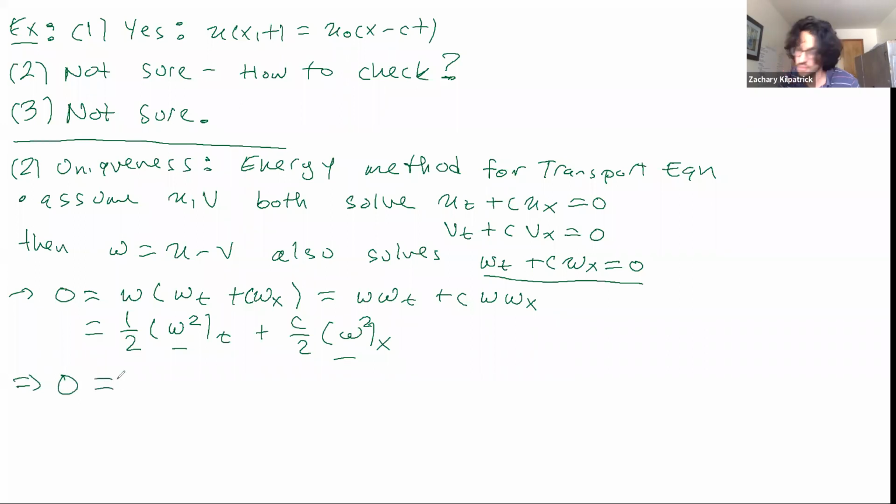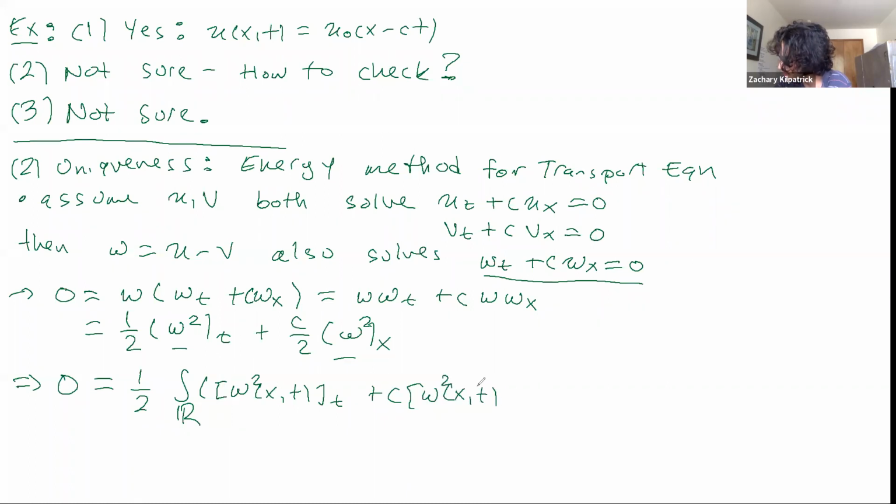So the integral of 0 from minus infinity to infinity, that's just over the reals, is 0, and that's equal to the integral of (W squared over 2) sub t plus (c W squared over 2) sub x, all integrated with respect to x, okay?